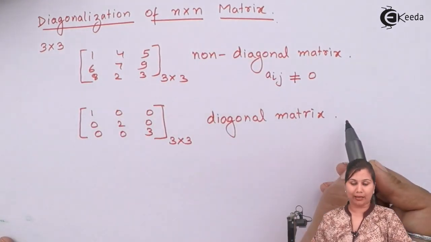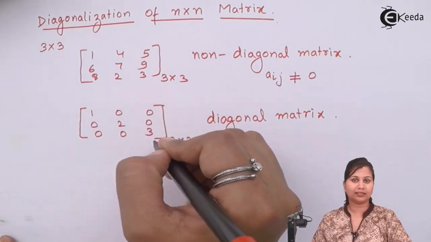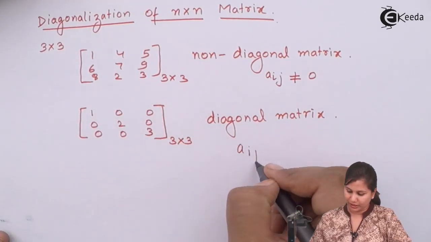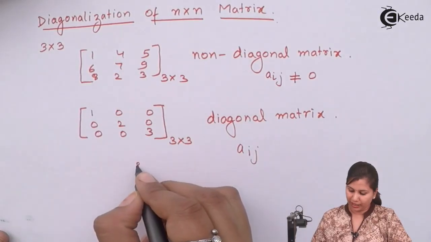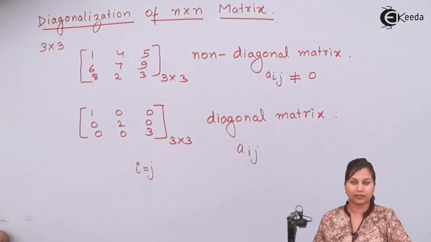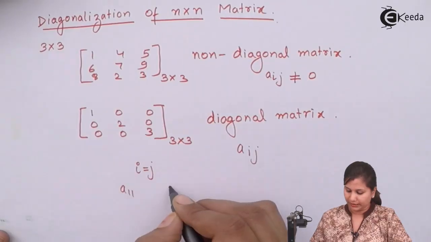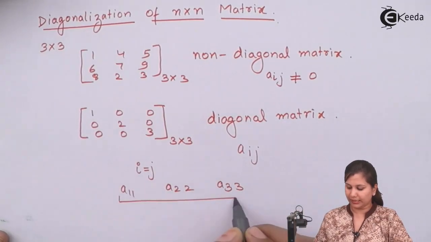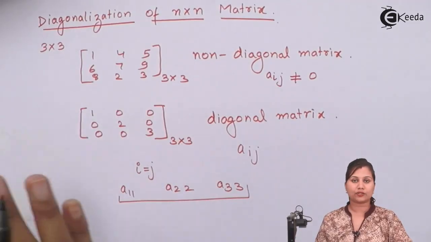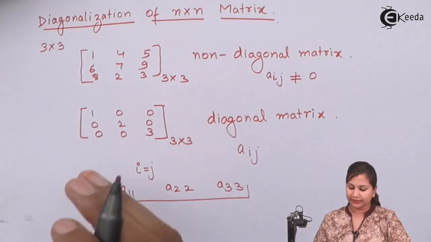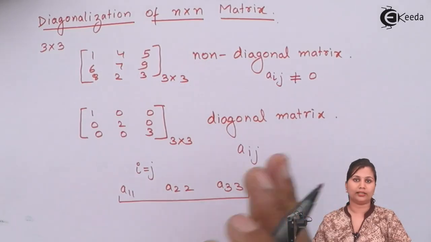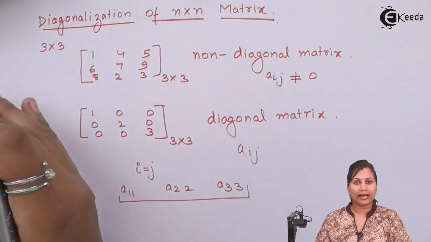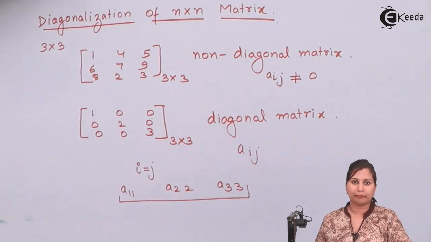Whereas in the diagonal matrix, only the diagonal elements are present, that is a_ij when the values of i and j are equal: a11, a22 and a33. Only these 3 elements are present and the rest of the elements are 0, then that matrix is called a diagonal matrix. So this is the difference between a non-diagonal matrix and a diagonal matrix.